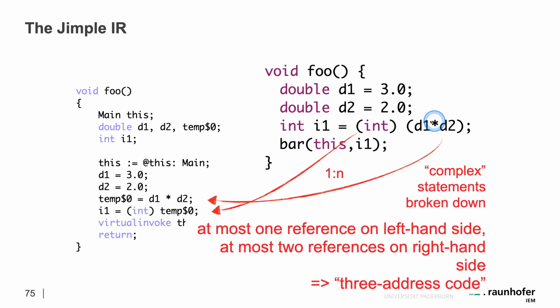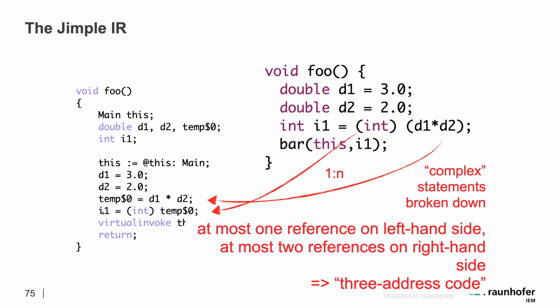First we do a multiplication, and then the result is cast and assigned to this variable. That's what's happening here in two different statements. In the first statement, we do the multiplication, and it's stored in a temporary variable. Then the result of that multiplication is cast and stored in the original variable it was supposed to be stored into, this variable i1.